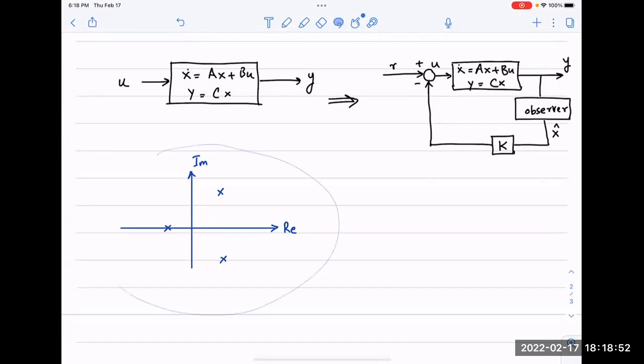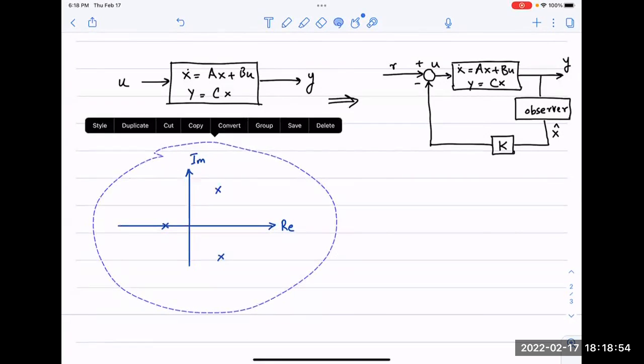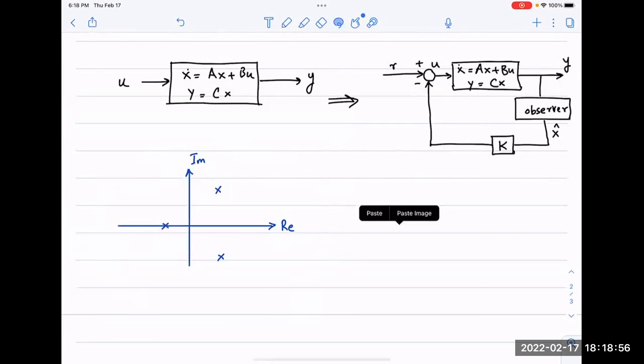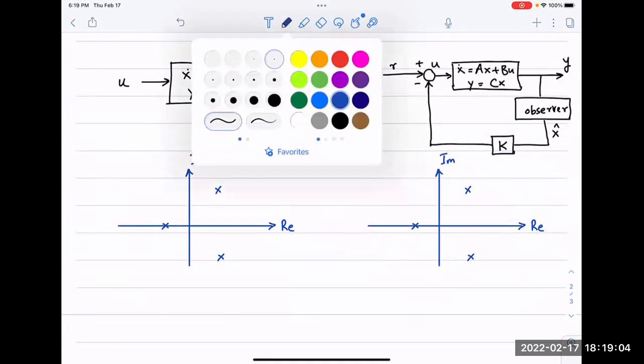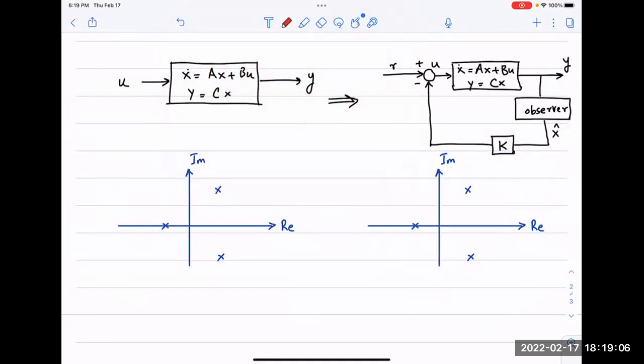Now, once you have a feedback loop, your goal will be, for example, if you want to make the system stable, to move the unwanted poles, the poles in the right half plane, into the left half plane. So maybe you would want them to go here.